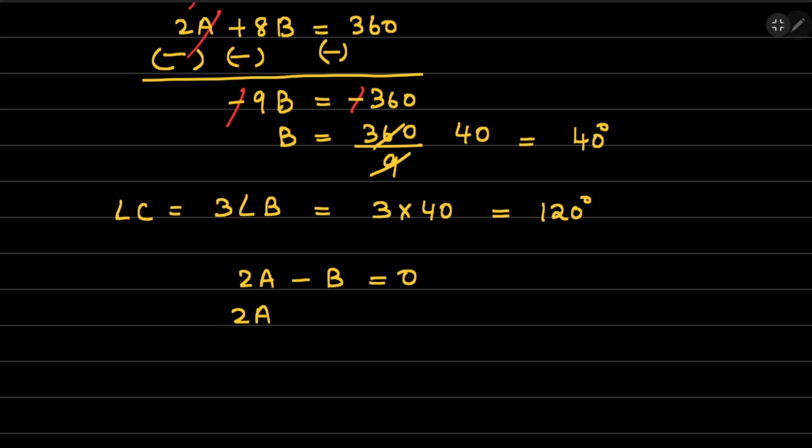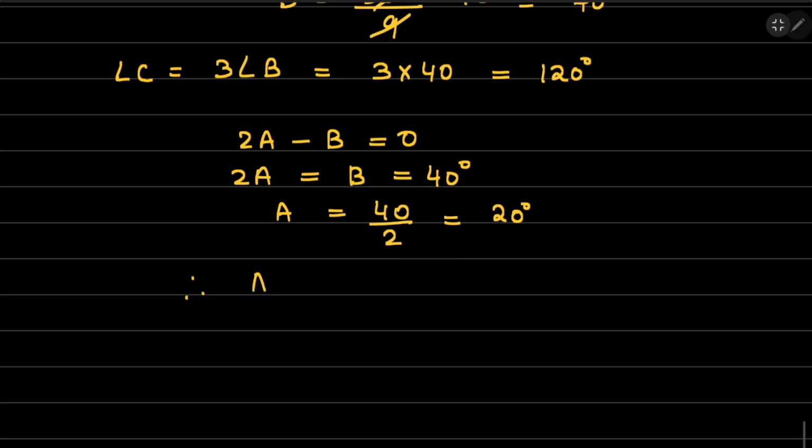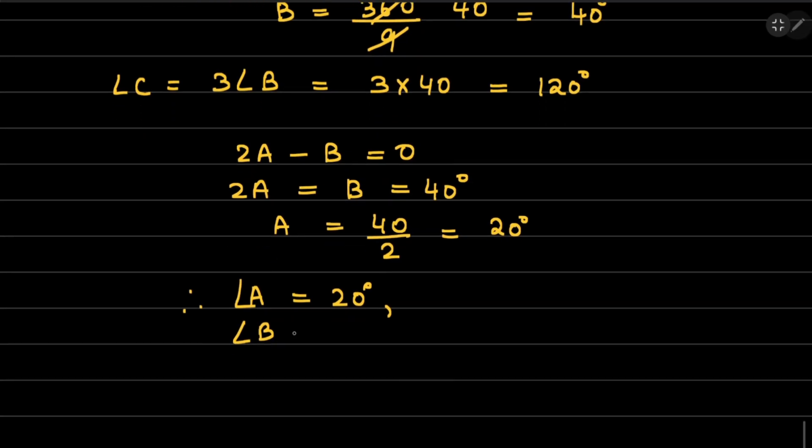We don't know. 2 times A equals B. What is B? It is 40. Therefore A equals 40 divided by 2, which is 20 degrees. Therefore, the three angles are: angle A is 20 degrees, angle B that we just got is 40 degrees, and angle C is 120 degrees. These are the required angles of the triangle.